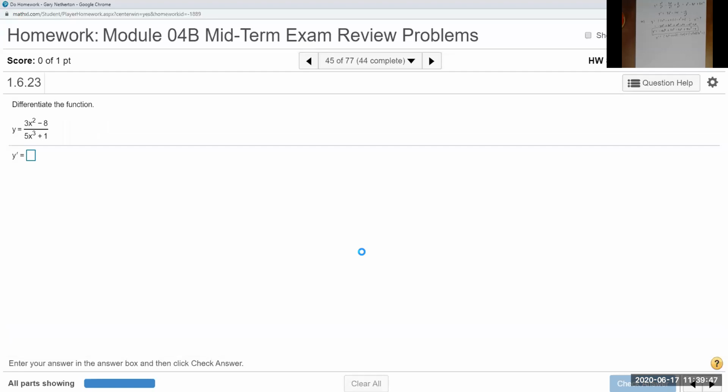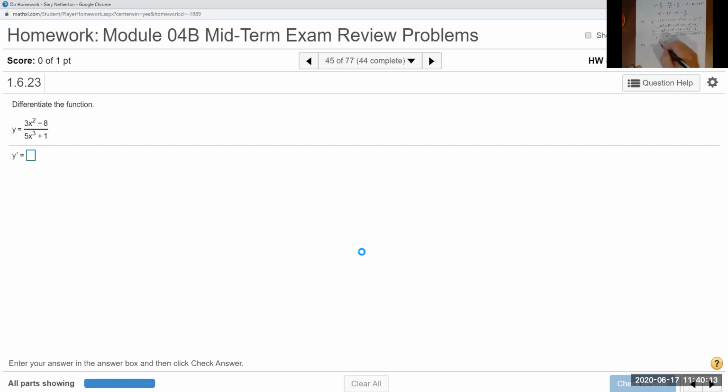All right, 45. This one we have no choice, really. Definitely quotient rule all the way. So let me write it down, and then we'll apply the quotient rule and see what we get. Just so you know, whenever you take a derivative, usually the quotient rule ones are the messiest.